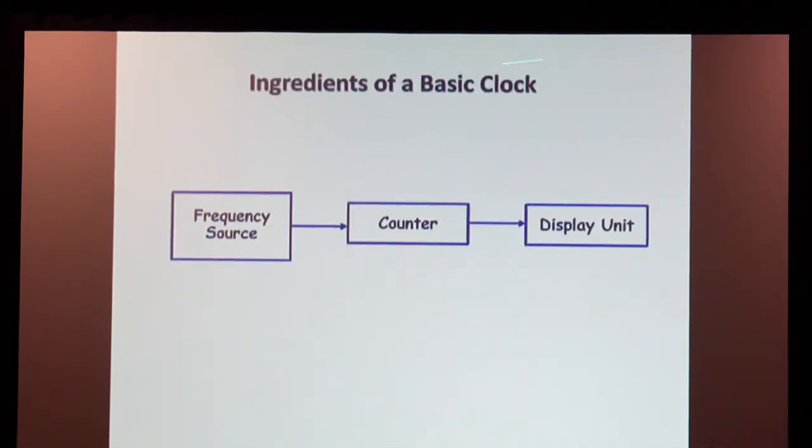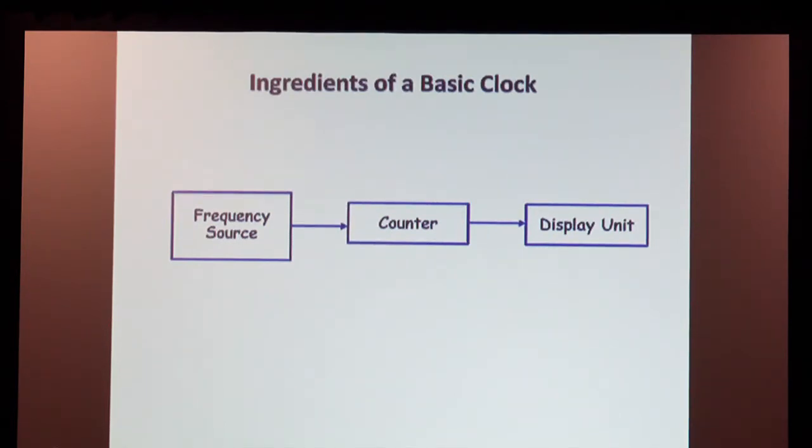So let's just say that the ingredients of a basic clock, as I told in the panel discussion, basically in a clock, you have a source of frequency, a periodic phenomenon. This periodic phenomenon could be a pendulum, or it could be the rotating earth, or it could be a quartz oscillating at a uniform frequency.